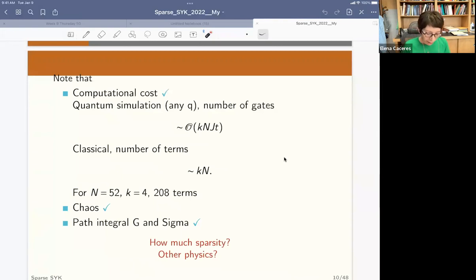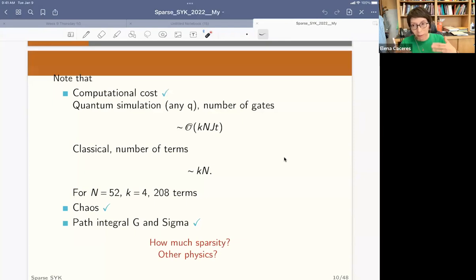It was also shown to have chaos by Brian Swingle, Susskind and collaborators. And then they also could do, to some extent, for those of you that follow the SYK, the formulation of the path integral of G and sigma, some collective fields, which essentially tells us that there's a gravity formulation. Now, the question of what's the gravity dual of the sparse SYK is not 100% under control, not as much under control as in the case of the SYK.